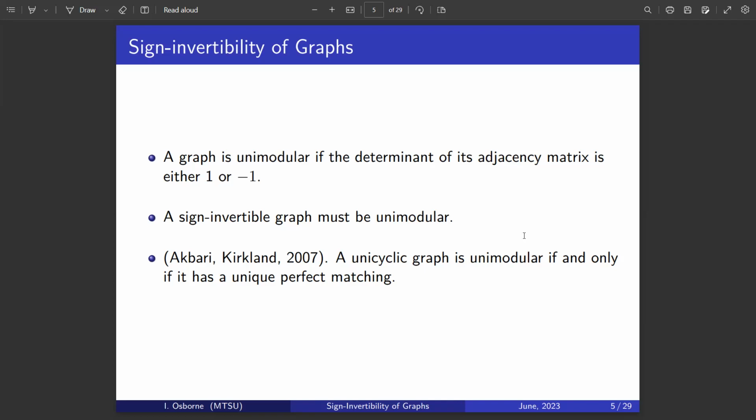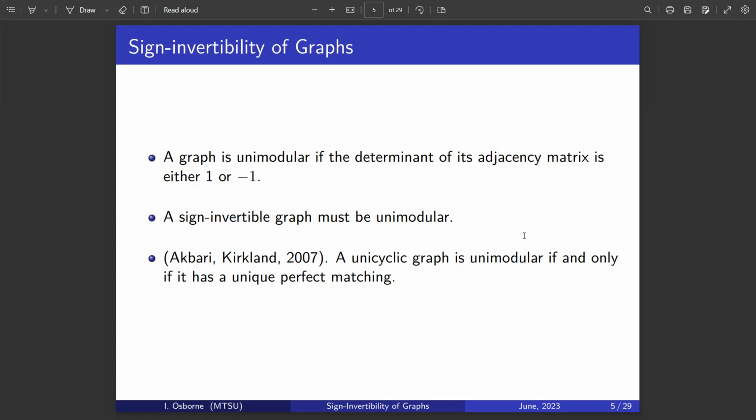The way the linear algebra works out is if your determinant isn't 1 or -1, then you have some entry in your graph that is not 1 or -1. So if you have a graph with a determinant that isn't, we call it unimodular, if you have that condition, then it can't be sign invertible and you don't have to look at it anymore.